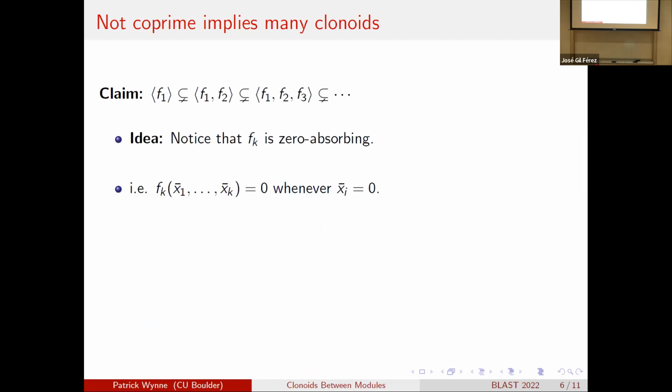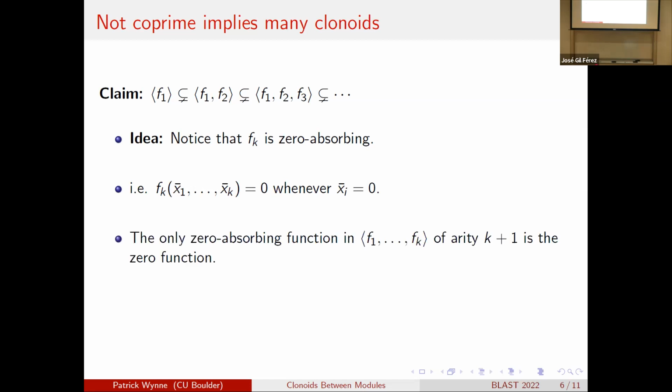Then we can see quite easily that the functions we can construct from f1 through f_k of arity greater than k, say of arity k plus 1, are not zero absorbing. This boils down to the multiplication and addition in the integers mod p behaving well together; we can distribute the multiplication across addition.